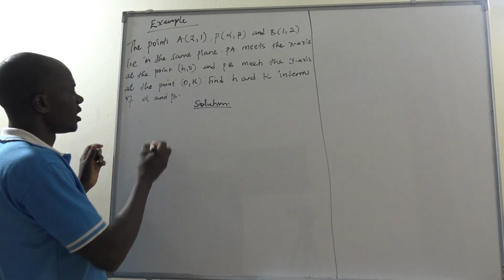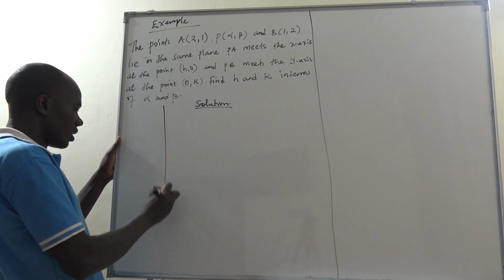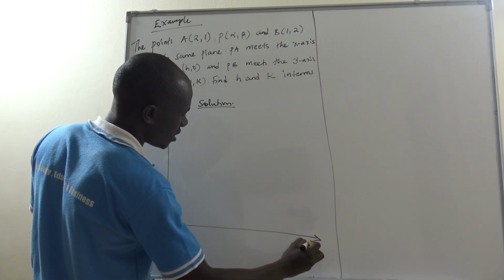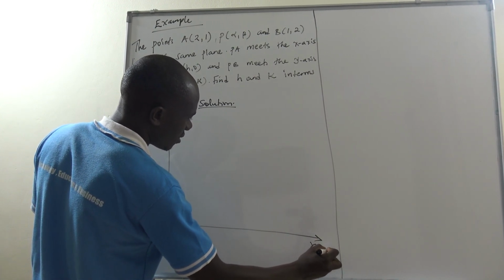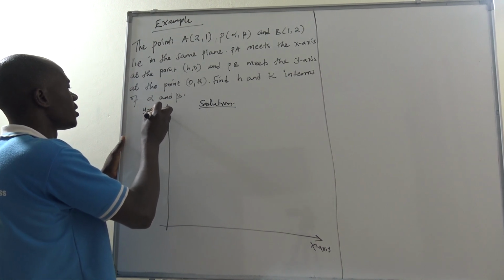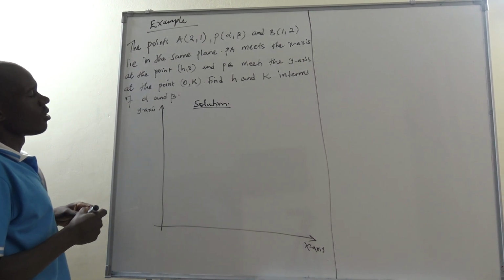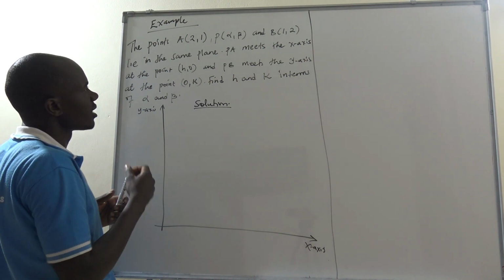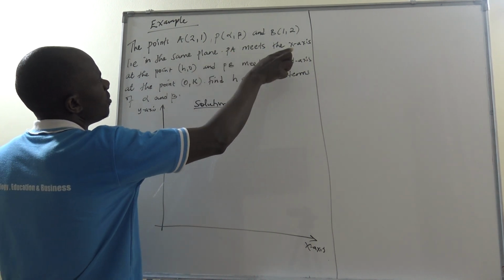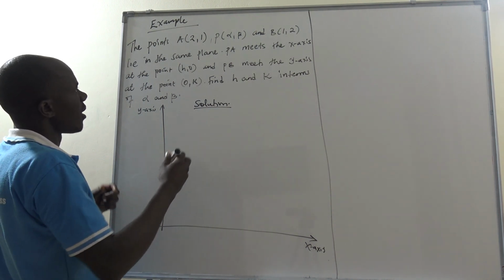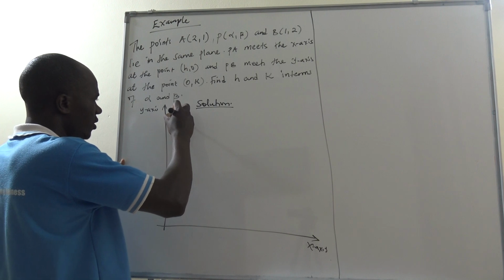Consider a Cartesian plane, and this is the x-axis, and this is the y-axis. You can see that we have lines which are meeting the x-axis and the y-axis. PA meets the x-axis, which means our point A is on this one.